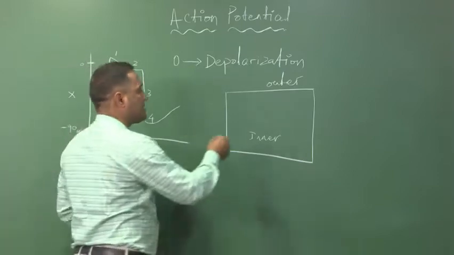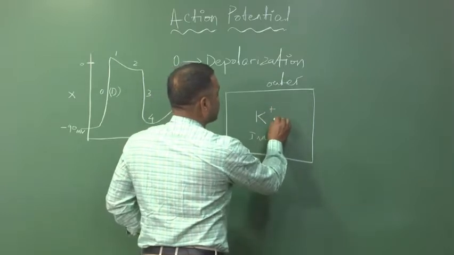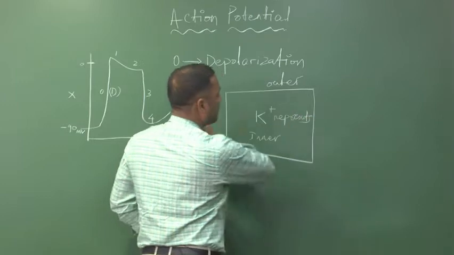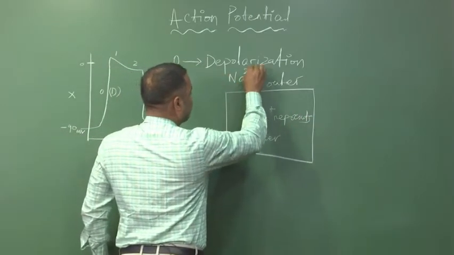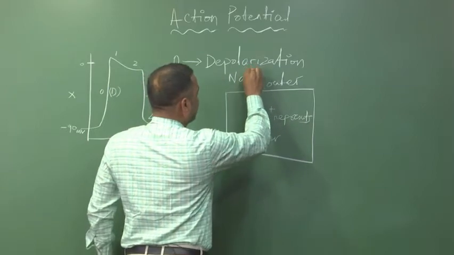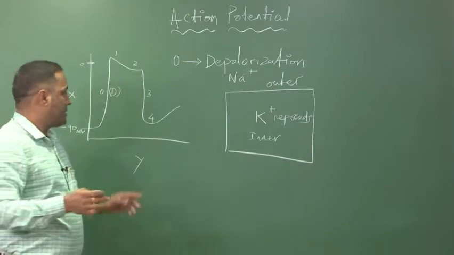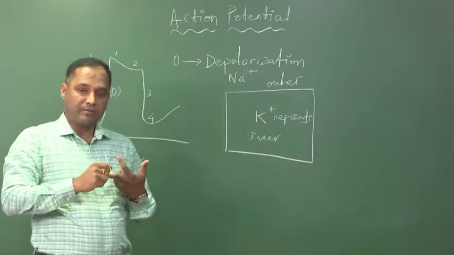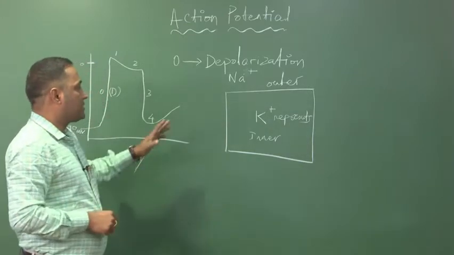So inside the cell, potassium is more, and the sodium is more outside.